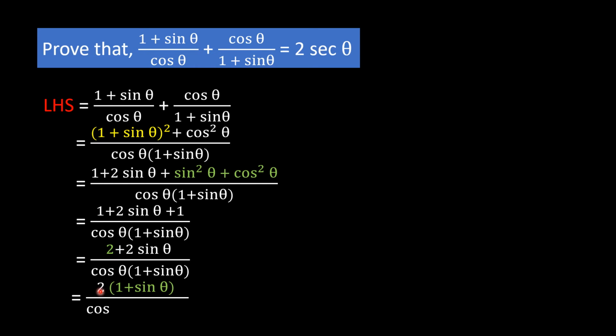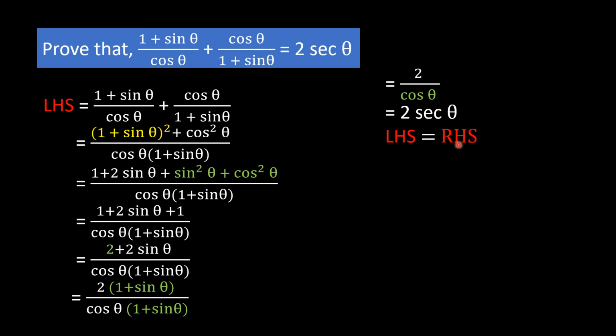We will take 2 common and write 2 multiplied by (1 plus sin theta). 2 divided by 2 is 1. 2 sin theta divided by 2 is sin theta. Now this 1 plus sin theta cancels with this 1 plus sin theta, and we get 2 divided by cos theta, which is 2 sec theta, because 1 divided by cos theta is sec theta. But this is our right hand side. So we have left hand side equals right hand side.